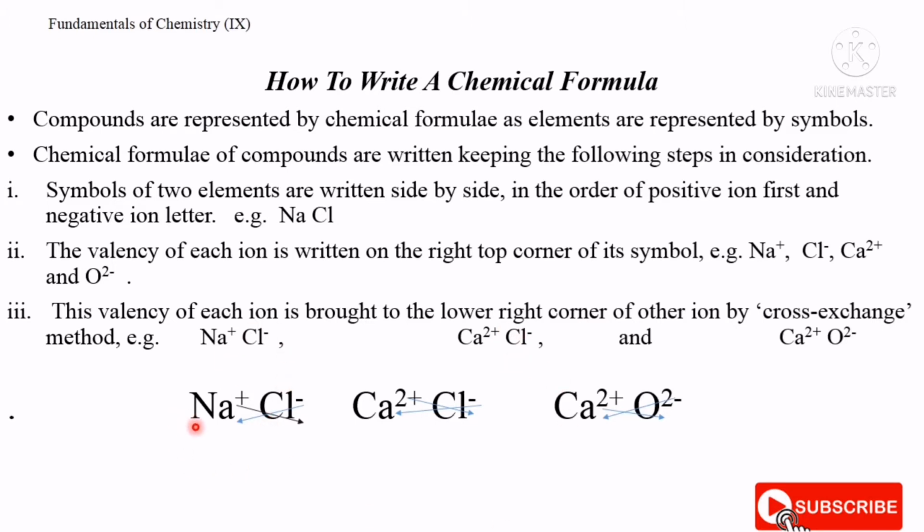And now we have to cross exchange the valencies to the lower right corner of the other ions. For example, we have sodium Na positive, having valency 1. It must be cross exchanged to the lower right corner of the chlorine, and the chlorine having valency -1, so 1 must be cross exchanged to the lower right corner of the sodium.